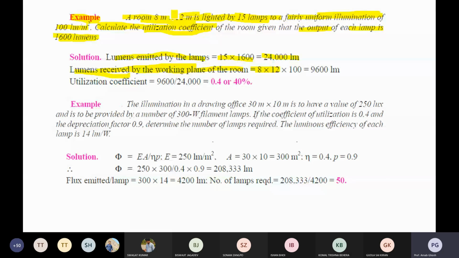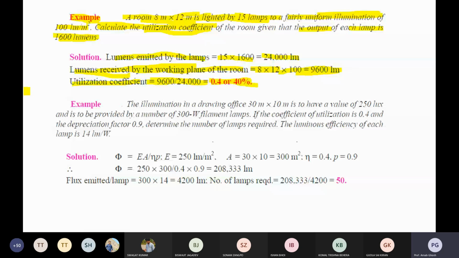That is correct. So next example, all of you try to solve. The illumination in a drawing office, with an area of 30 meter into 10 meter, has the value of 250 lux, to be provided by a number of 300-watt filament lamps.